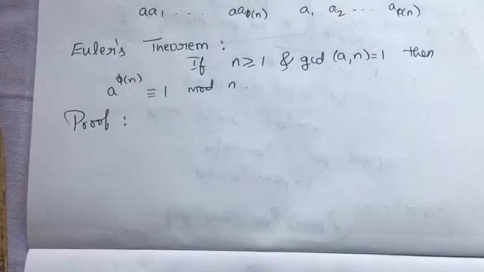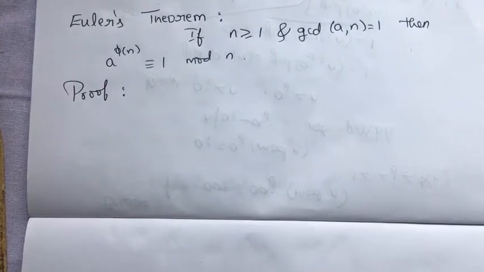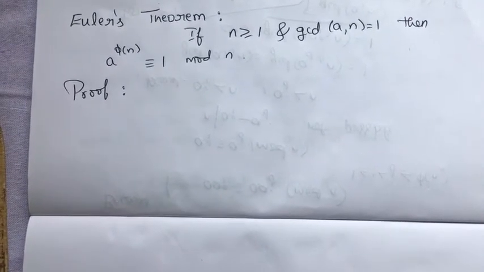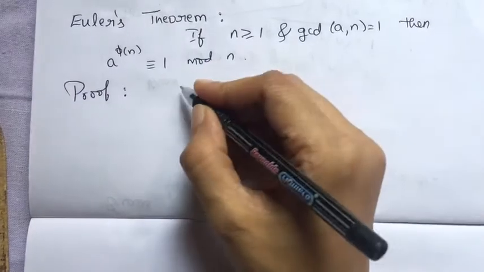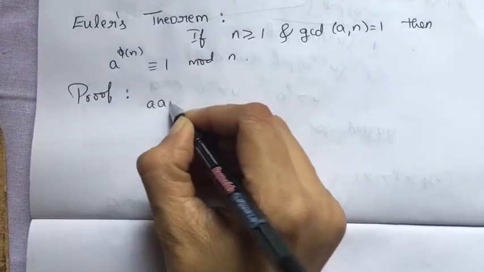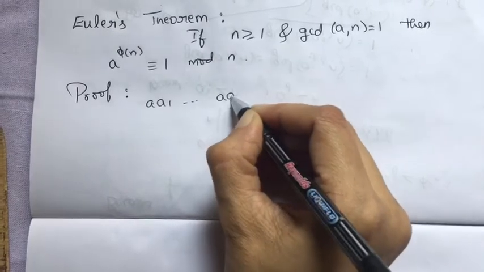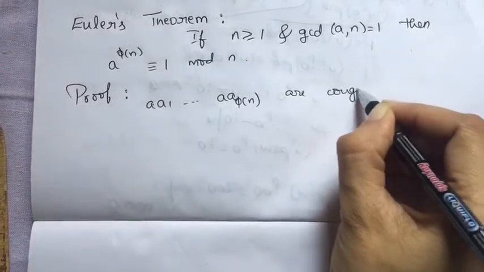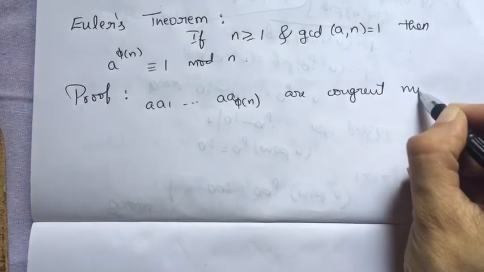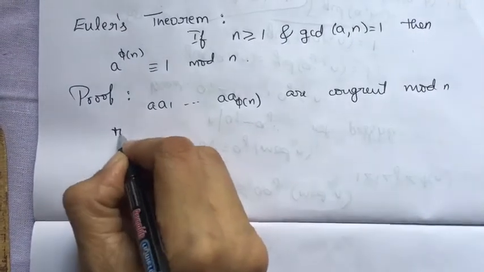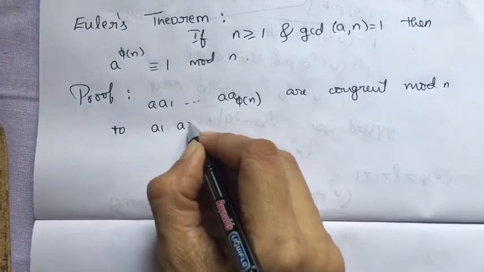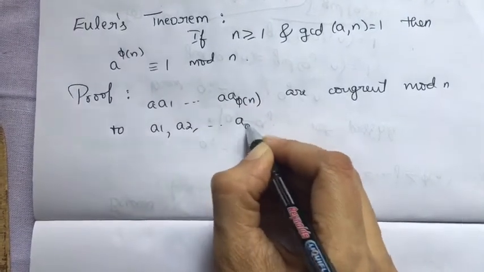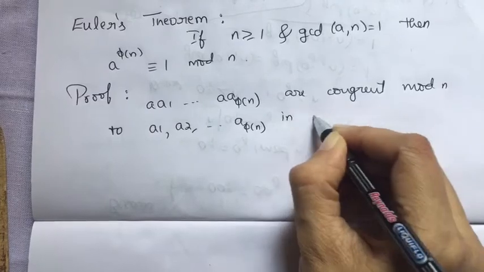Now we'll go for proving Euler's theorem. From the lemma, I can write that a·a1, a·a2, up to a·a phi of n are congruent modulo n to a1, a2, up to a phi of n in some order.